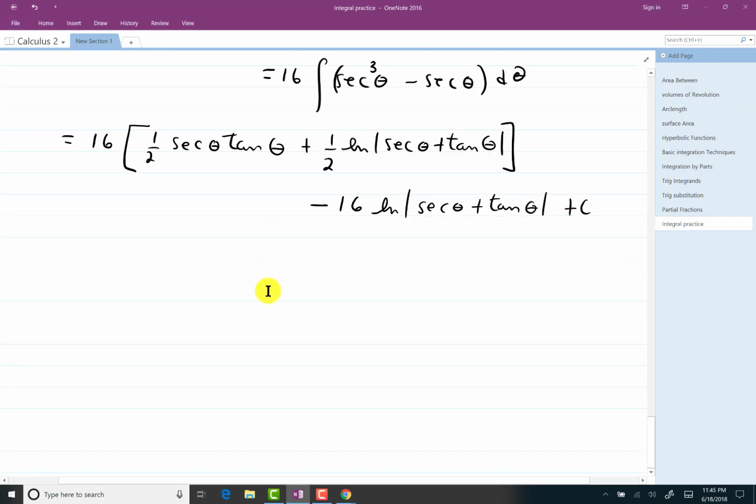I'll multiply through by the 16. You'll see I'll get an 8 secant theta tangent theta, and I'll also get an 8 ln absolute value of secant theta plus tangent theta. But look, I have a minus 16 of the same quantity.